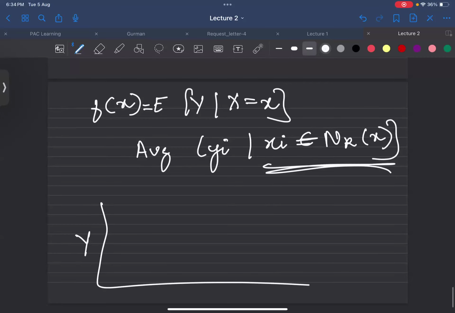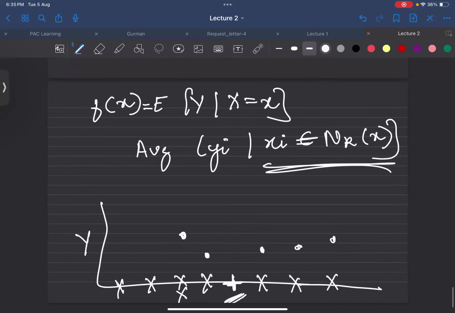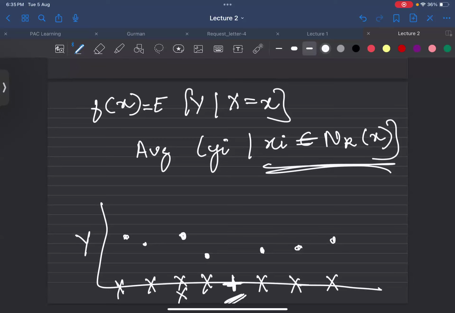Suppose I want to predict the output of this function. I know this is the output, these are the y's, and these are the x's. So these are the x points and these are the y points.